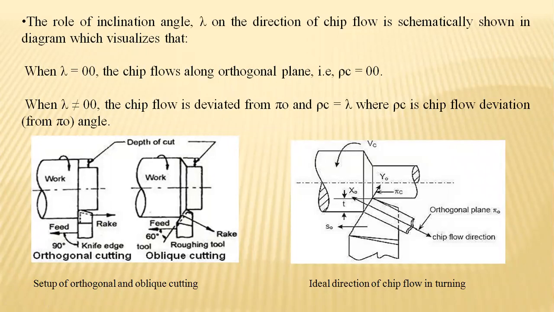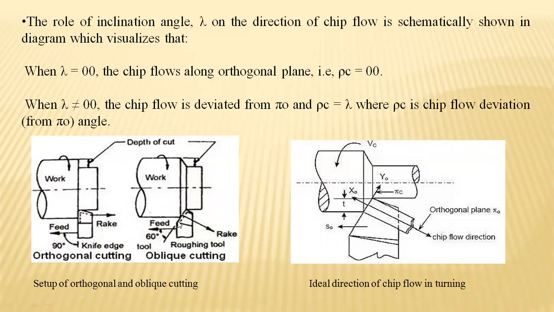In the case of oblique cutting, the position of the tool with respect to the work part contact will be changed. See here the inclination: compared to orthogonal cutting, which maintains a perfect 90 degrees between the work part and the tool, here less than 90 degrees is maintained.